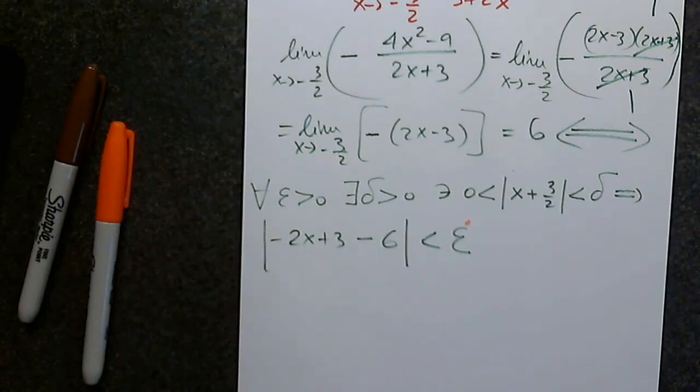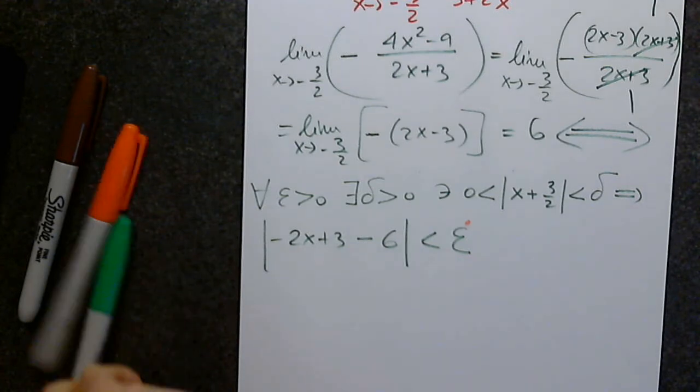So one more time. For every epsilon greater than 0, I will find the corresponding delta greater than 0 such that every time I pick x, the distance between x and negative 3/2 is less than delta, the distance between f of x and the limit will be less than epsilon. Guaranteed.